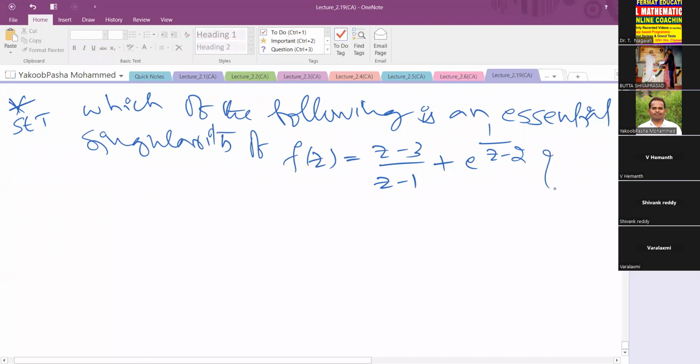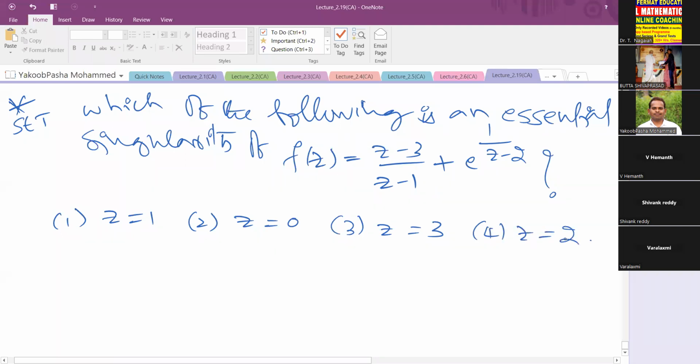First option, z equal to 1. Second option, z is equal to 0. Third option, z is equal to 3. Fourth option, z is equal to 2.